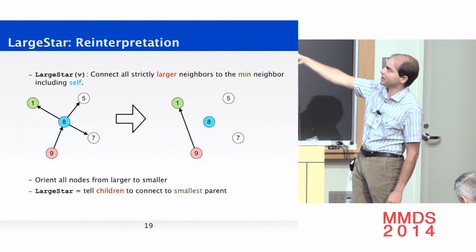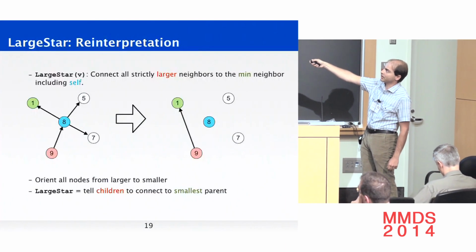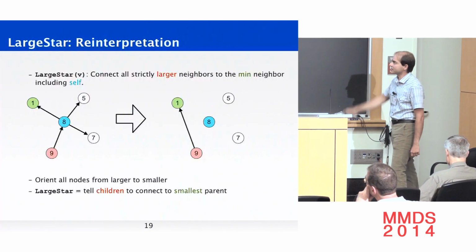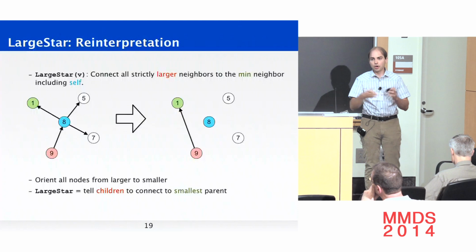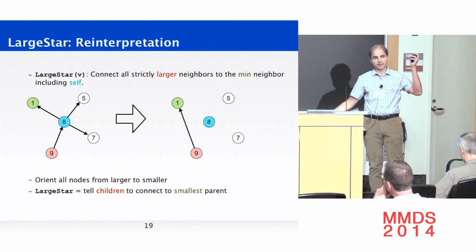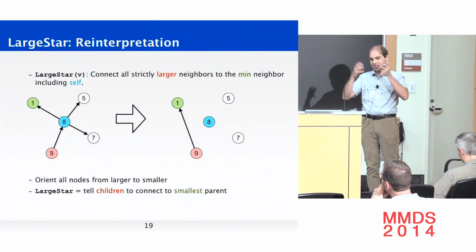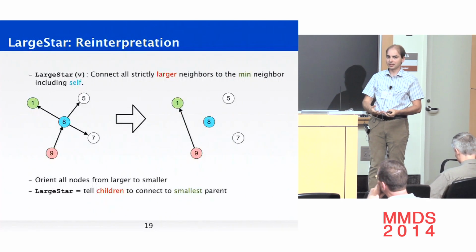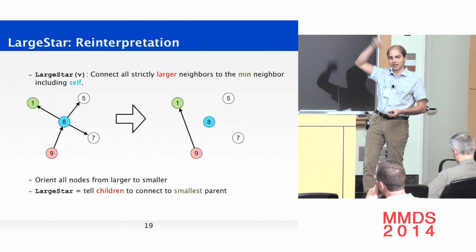So 8 has 3 parents here. Look at the minimum parent that you have and tell them to connect directly. This is all that you're doing. So now, why does the graph remain connected? Well, imagine that you have this connected graph. Every node says, hey, if I'm not the root, let me look at the children and tell them to skip one step over and connect one step up.